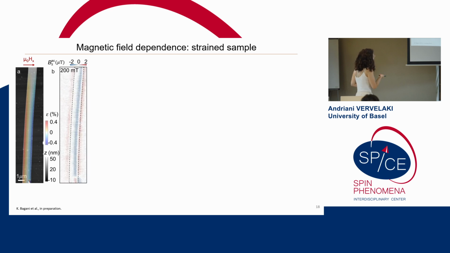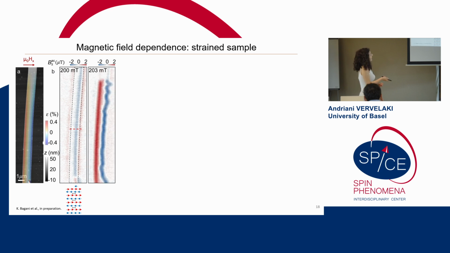By starting to increase an in-plane applied field along the easy axis of the material, so along the x direction, at 200 millitesla, the configuration is the same. So we have a ferromagnetic coupling throughout the layers, and the narrow strip is pointing against the field direction.